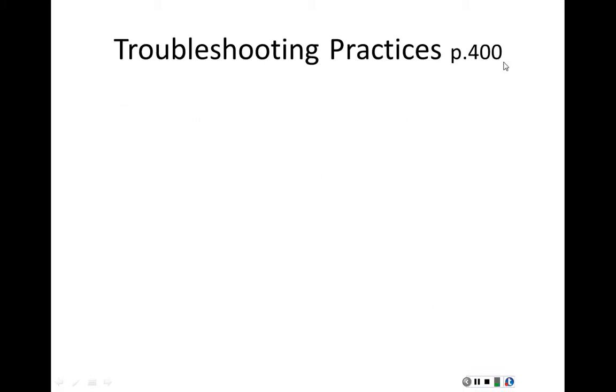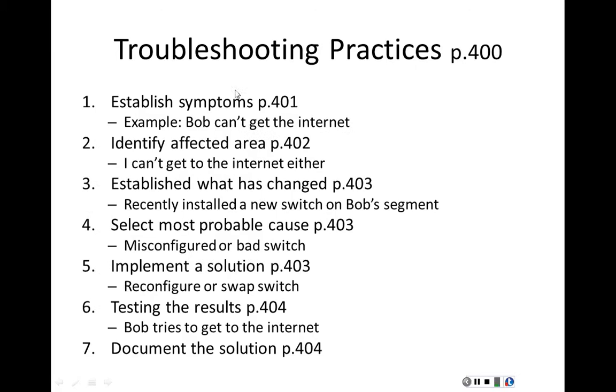Let's start out on page 400, troubleshooting practices. In troubleshooting, almost any problem has essentially 7 steps. The first step would be to establish the symptoms. For example, Bob can't get to the internet.